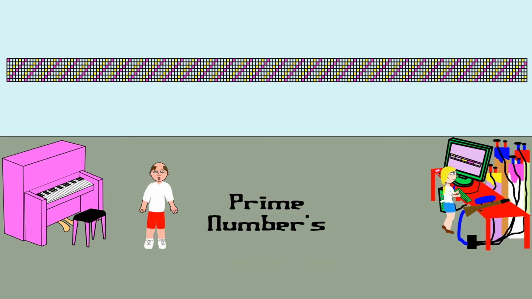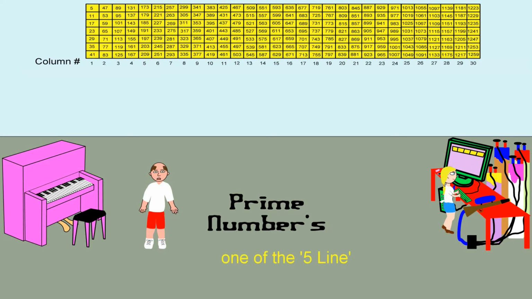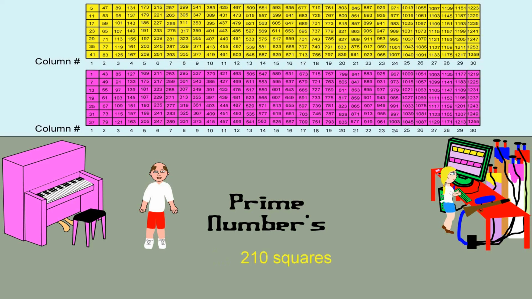We can now make two grids, one of the 5 line, 210 squares, and one grid of the 7 line, 210 squares. And each of these grids are only 30 columns long, and they contain all the prime numbers and the fake ones that we condensed down from the 1260 grid.